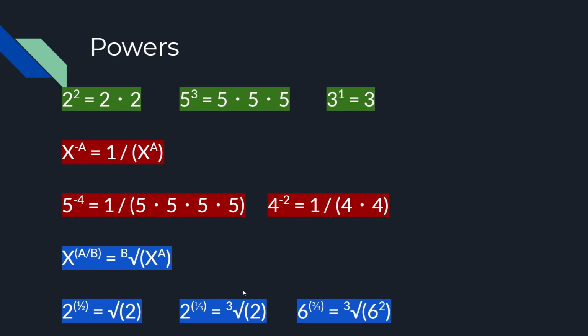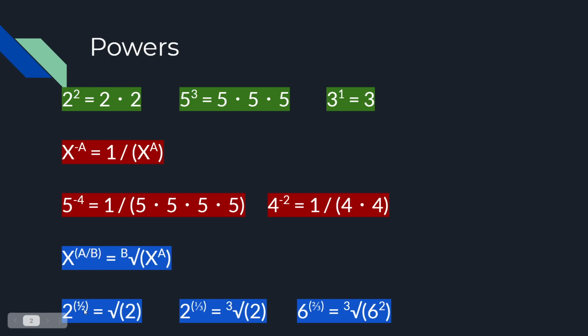And finally, there's fractional powers. These ones are tricky. Basically, the number on top of the fraction is what we'll be raising the base to inside of the root, and then the root is of a degree based on the denominator.